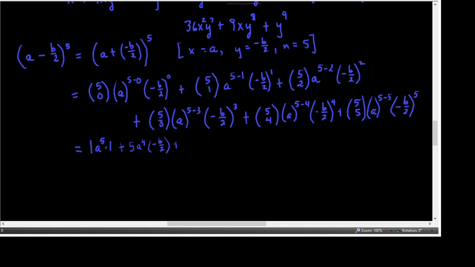Then 5 choose 2. Yeah, that's where we are. 5 choose 2 is 10. A cubed, opposite of b over 2 squared, plus 5 choose 3 is 10. A to the 5 minus 3 is 2. Second thing, negative b over 2.